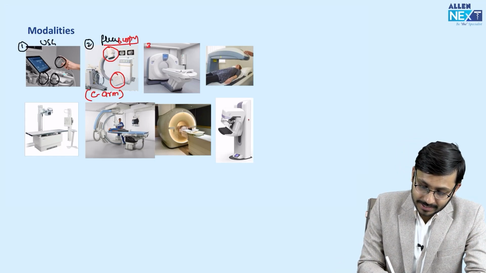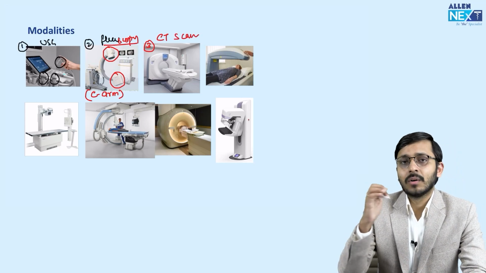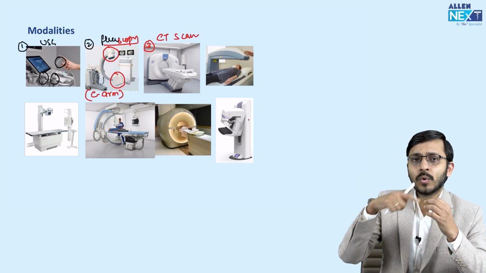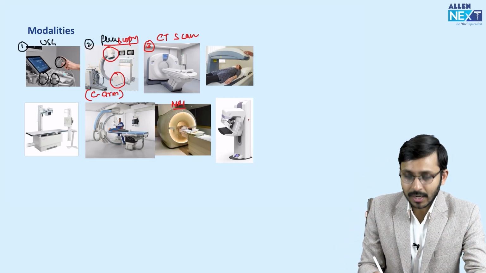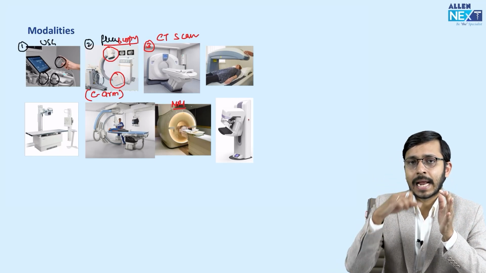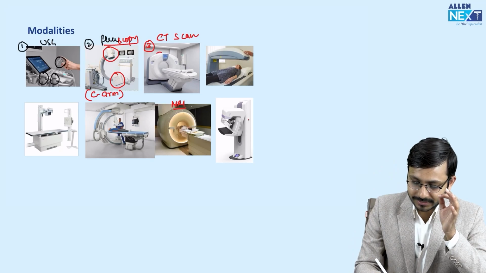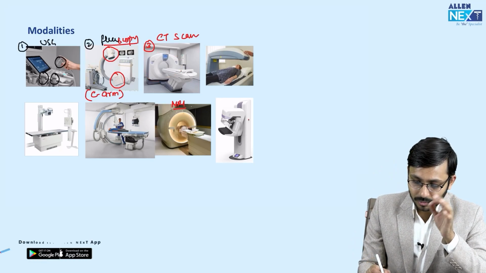Now image 3 is that of a CT scan. What are the two modalities which are round in shape, donut type? CT scan and MRI. Now how will you differentiate based on the image? The gantry, we call this area the gantry, is a little thin in a CT scan as compared to MRI.